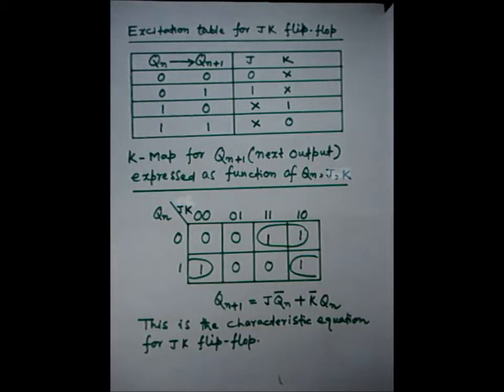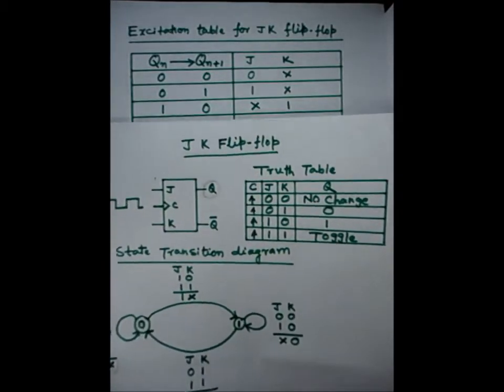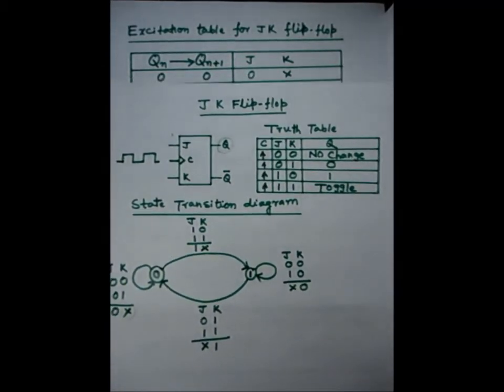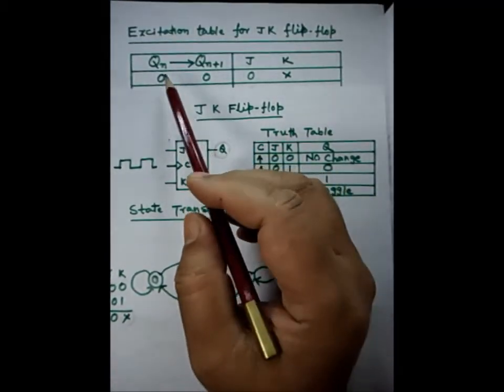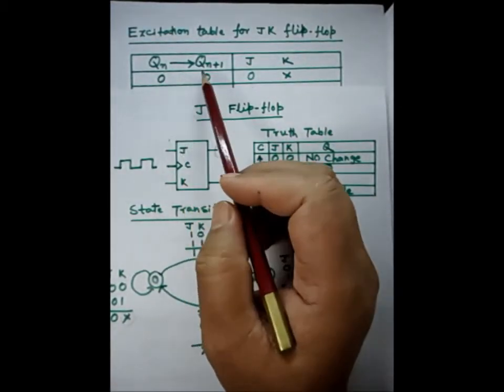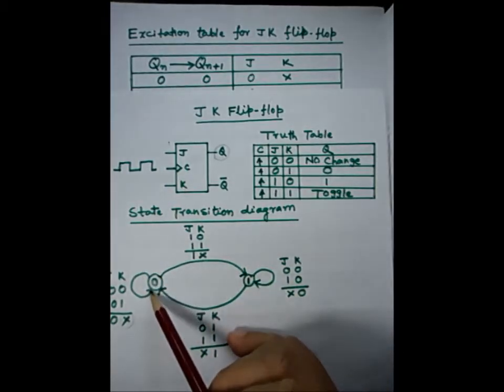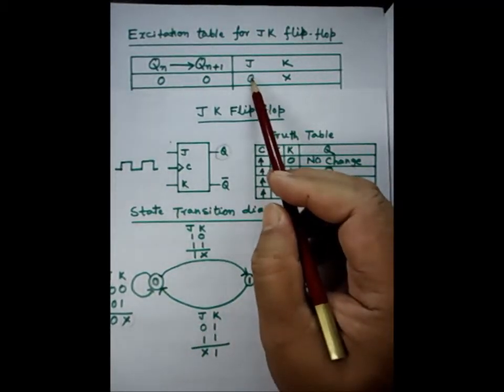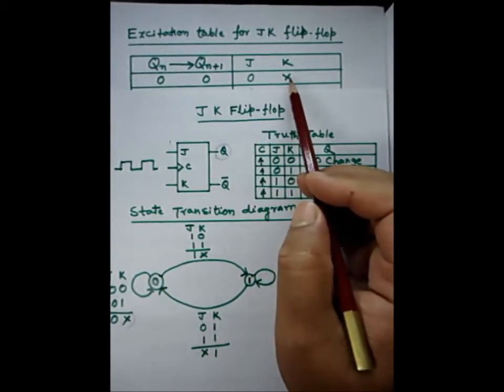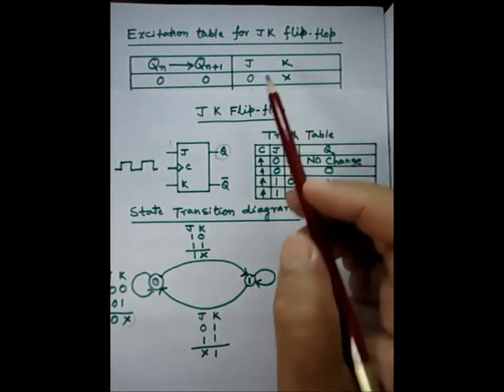Now we'll prepare an excitation table for the JK flip-flop. This excitation table is prepared from the state transition diagram. When the previous state was 0 and the next state is 0, we put j equal to 0 and k equal to x.